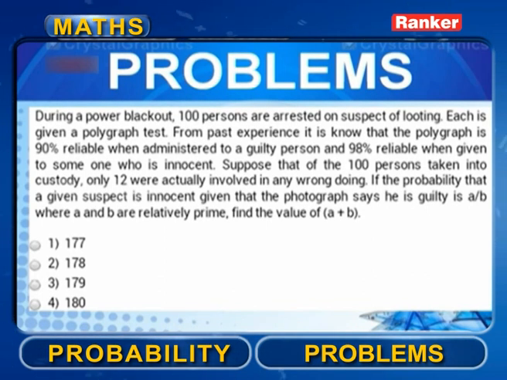Let us see what a polygraph test is. From past experience, it is known that the polygraph is 90% reliable when administered to a guilty person and 98% reliable when given to someone who is innocent.